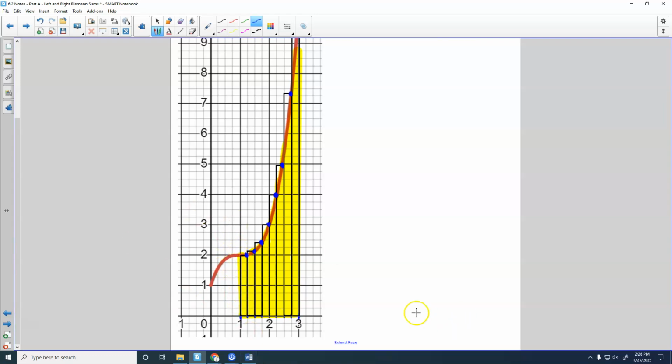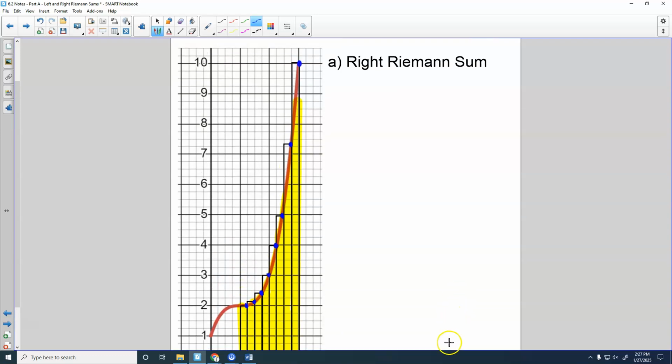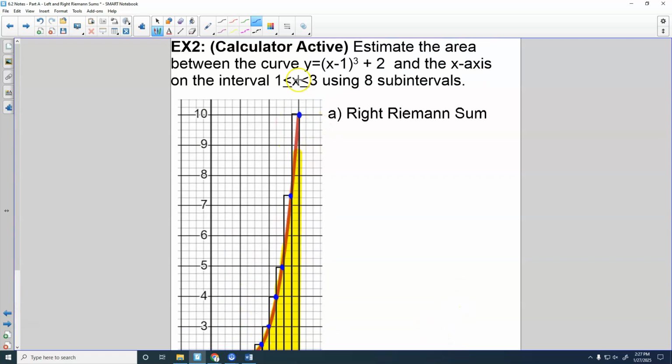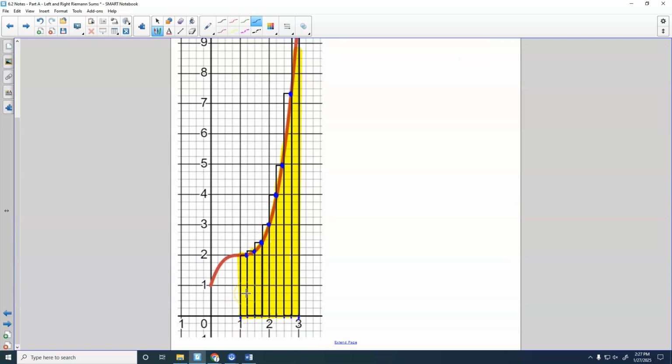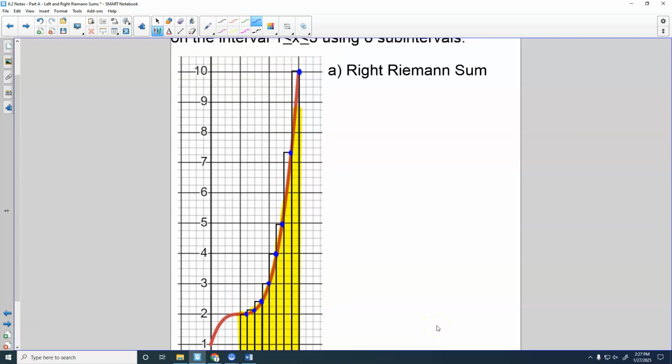So I could do these all separately, and it would take forever, especially without a calculator. But if I think about what's happening, what's the width of all of these little rectangles going to be? Each one, 0.25, right? So each one has a width of 0.25. So for every single rectangle, I'm going to be doing 0.25 times the height of that rectangle.